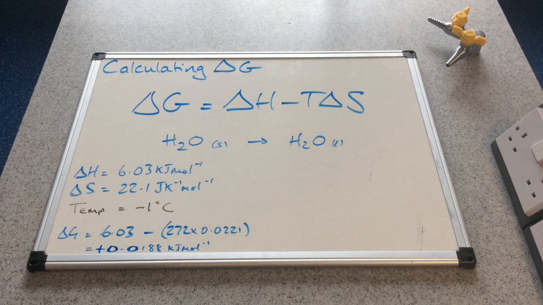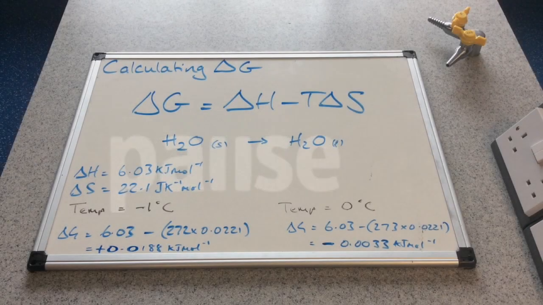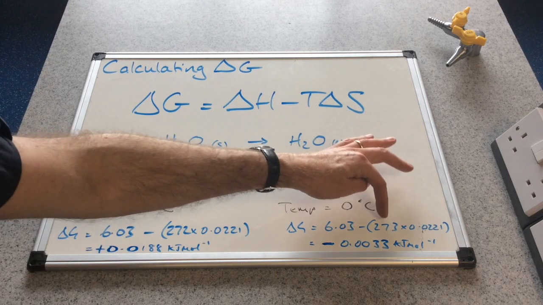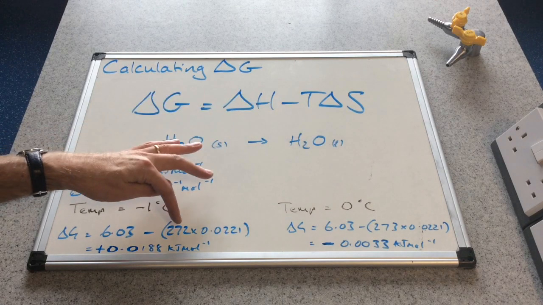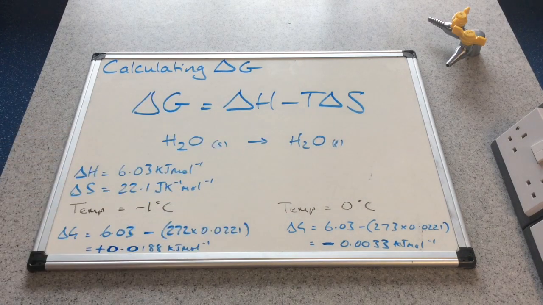Now change the temperature to 0 Celsius and let's see what we get. On the right hand side there's the calculation for 0 Celsius. The delta H and delta S don't change. The only thing that's changed is the temperature has gone from 272 to 273.